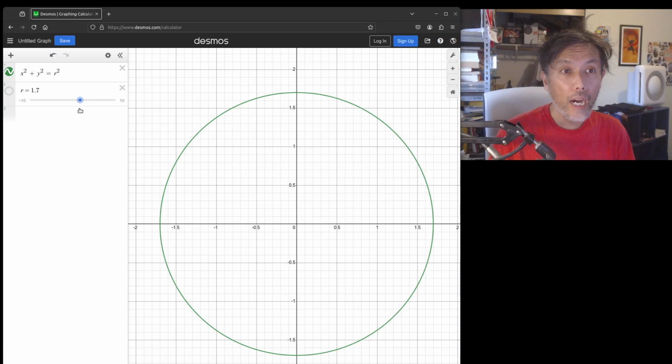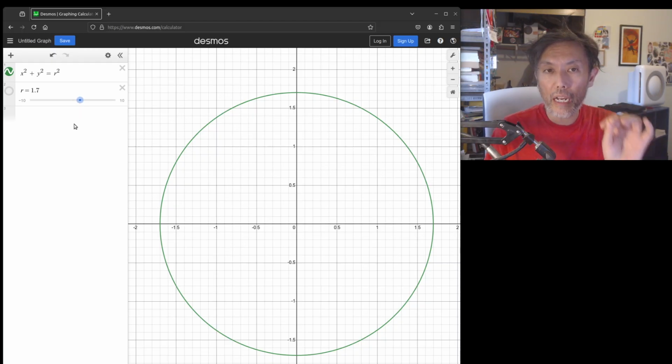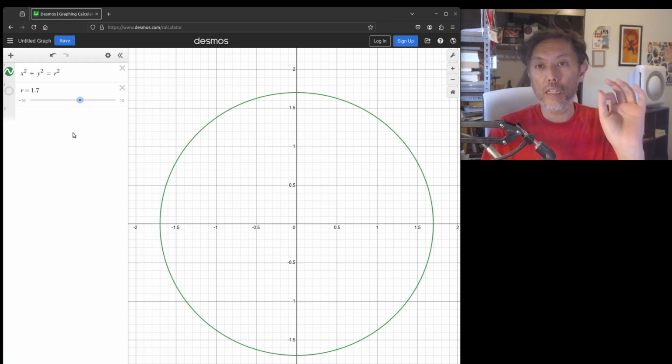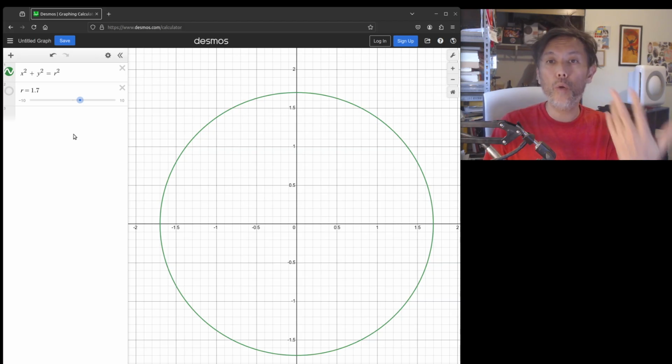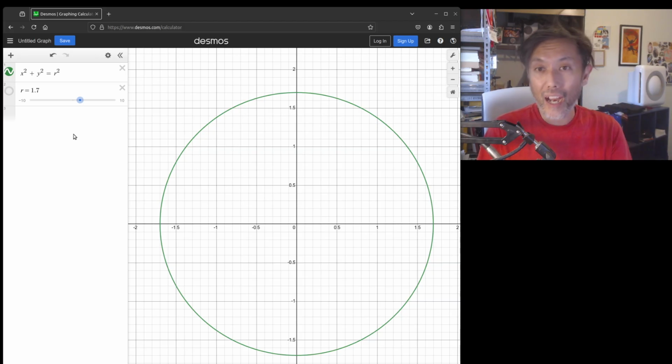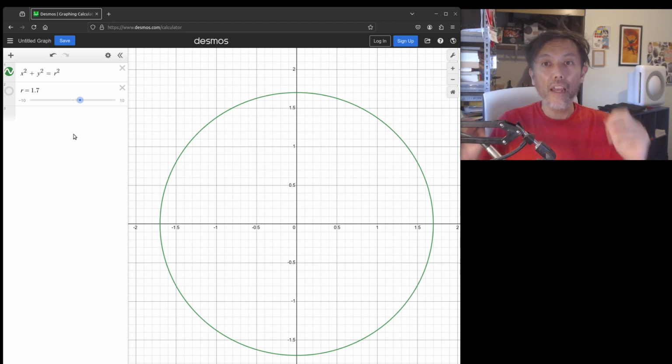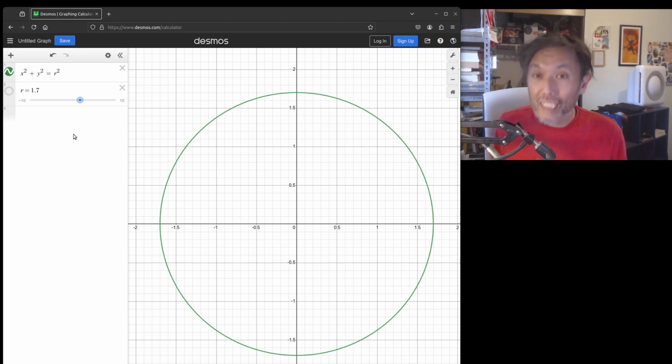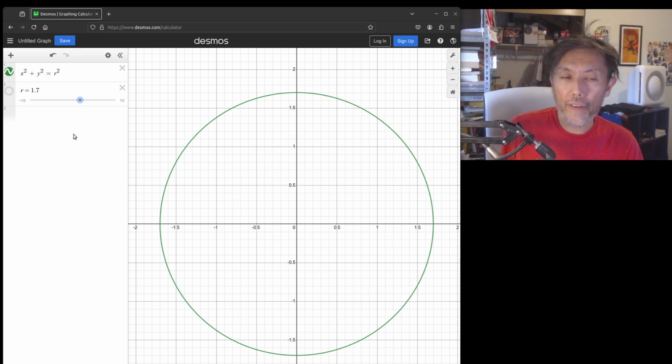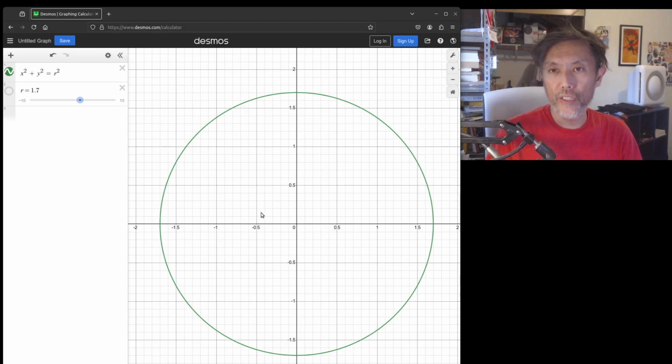Now, if we prescribe carefully the rate at which r is changing with time, that is to say, if I tell you what dr/dt is, perhaps we can get a handle on how the area of this circle is changing. Do you see what I'm saying?